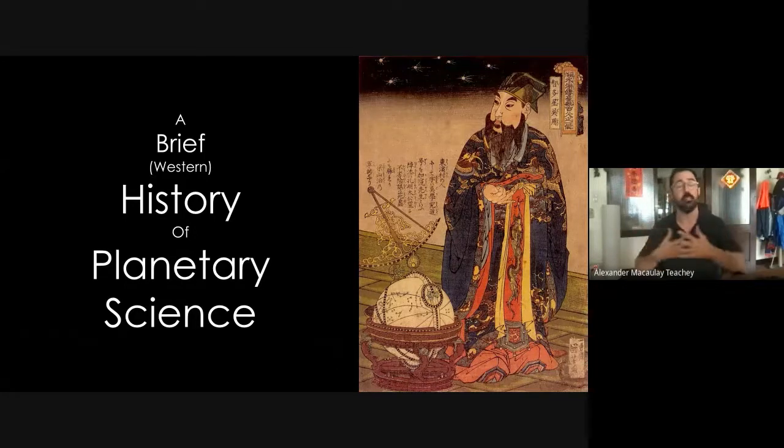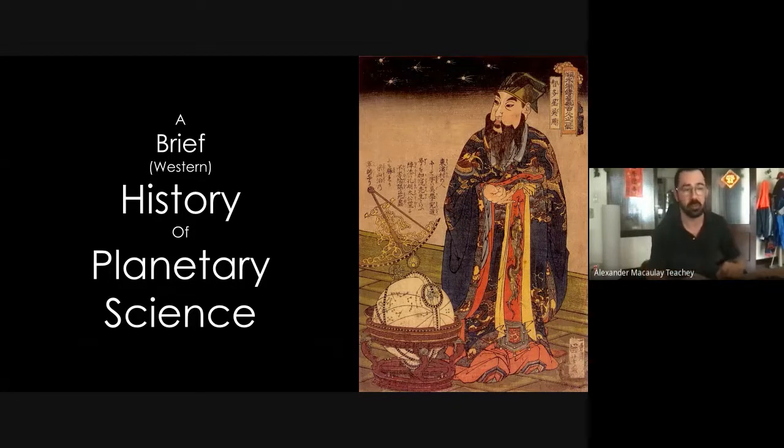The planets have had a special significance to cultures all around the world. So our understanding of what the planets are has clearly been evolving over the course of thousands of years, and it has gone at different paces in different places. So I'm going to talk specifically about Western history of planetary science.